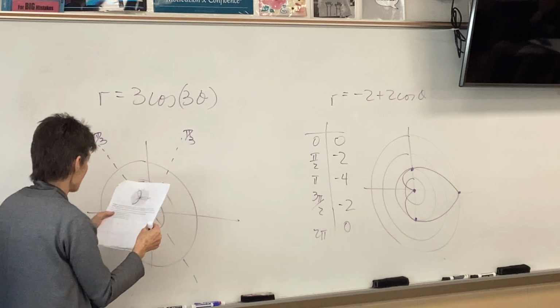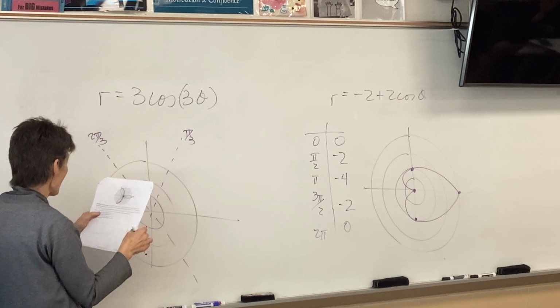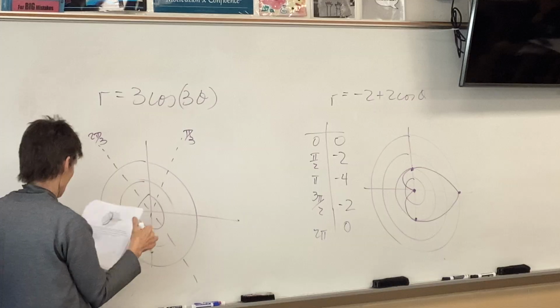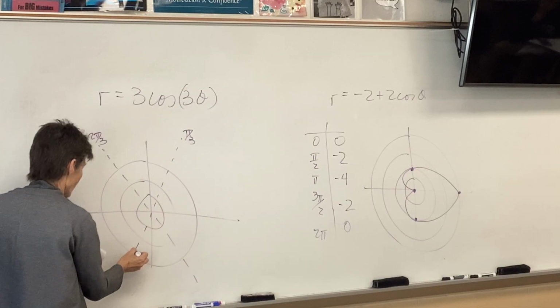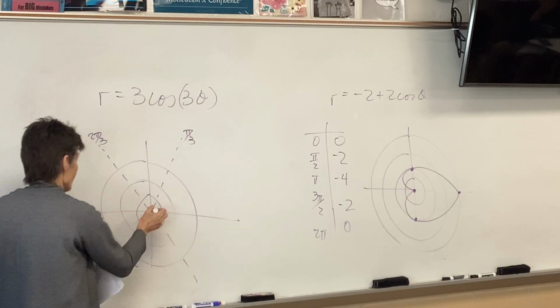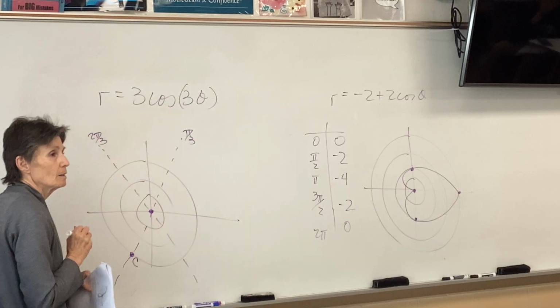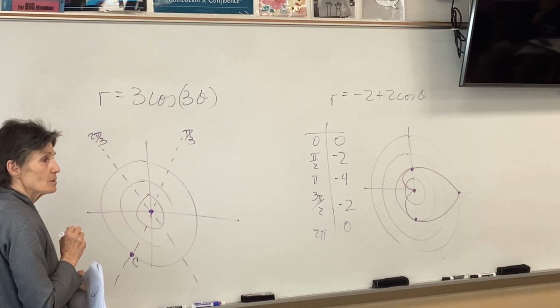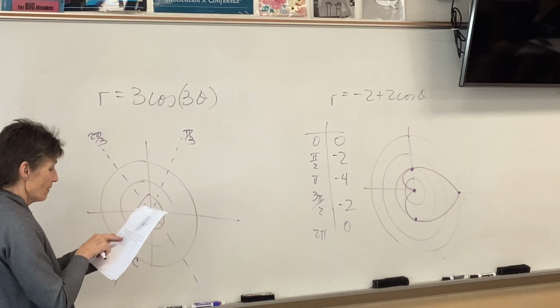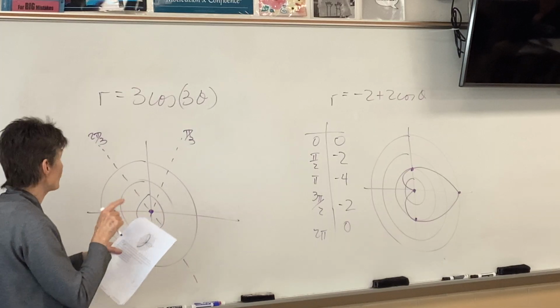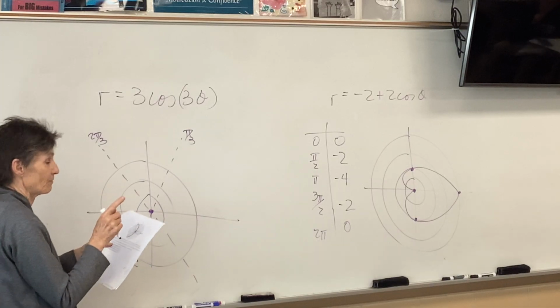One of those pieces is the portion of the graph in quadrant 3 from C, so this is point C, to D, which is a 4. Okay, so he's telling us from C to D, and then we have to finish it off.